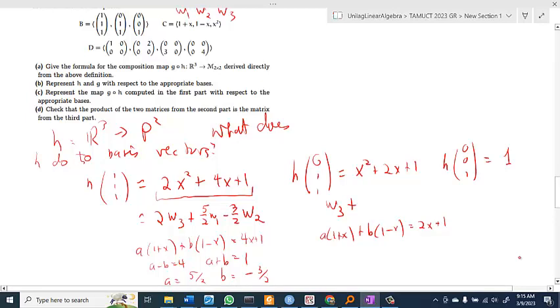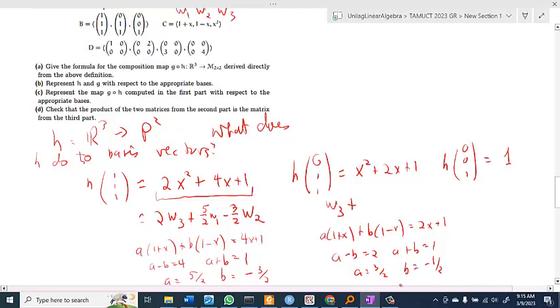And then that tells me that a minus b is equal to 2, a plus b equals 1. If I add these two equations together, I get 2a equals 3, so a equals 3 halves. If I subtract, I get 2b equals minus 1, so b equals minus 1 half.